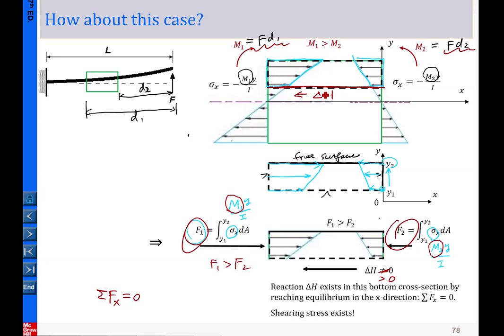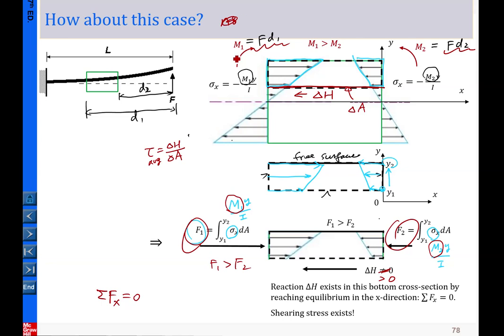From here you can see this reaction is parallel to the bottom surface. So delta H divided by the area of the bottom surface, and let me say the bottom surface area is delta A, gives us the average shear stress. For this case, this is not pure bending.